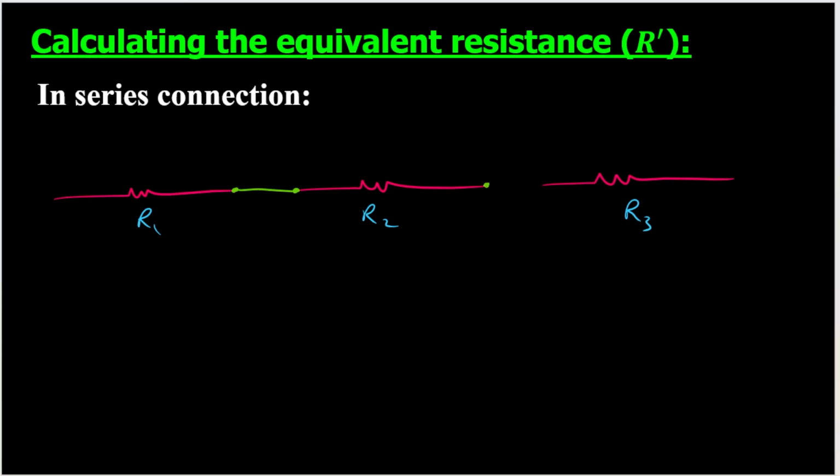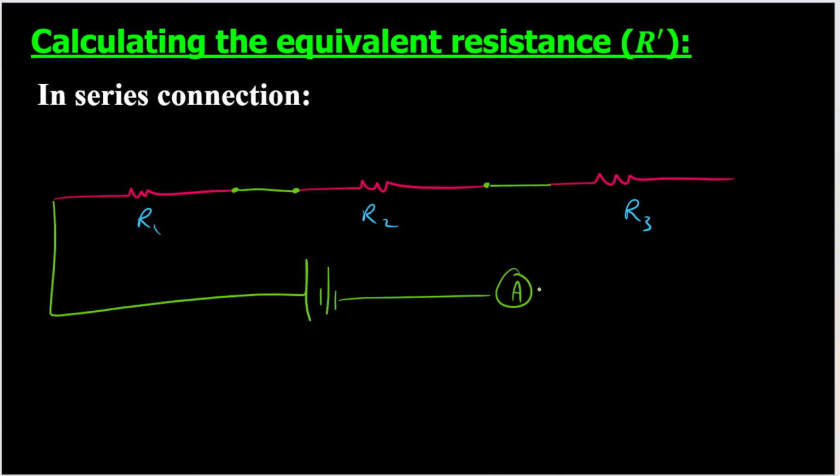And you take the end of the second resistor and connect it with the beginning of the third resistor. Then you take the beginning of the first resistor and connect it with the source. Maybe you can add a meter. And the other terminal you connect with the end of the last resistor. This is called series connection.